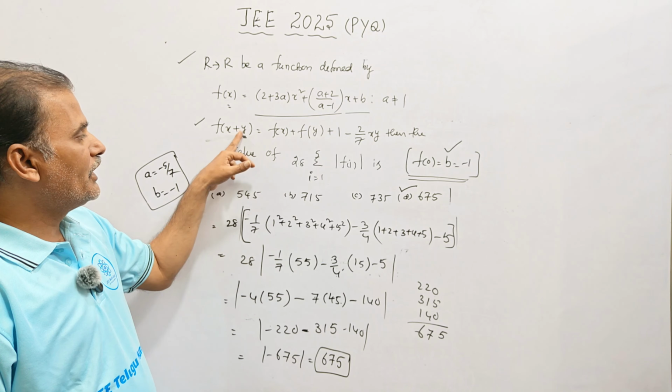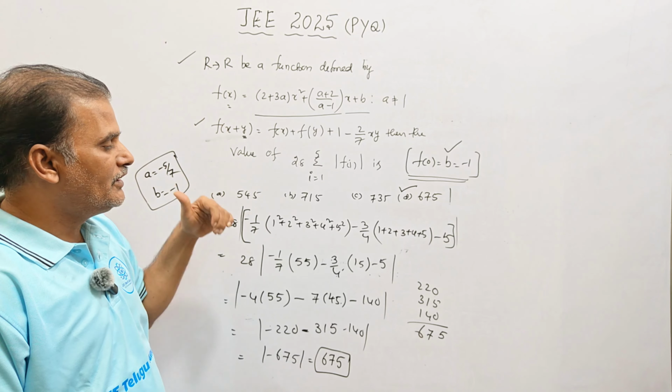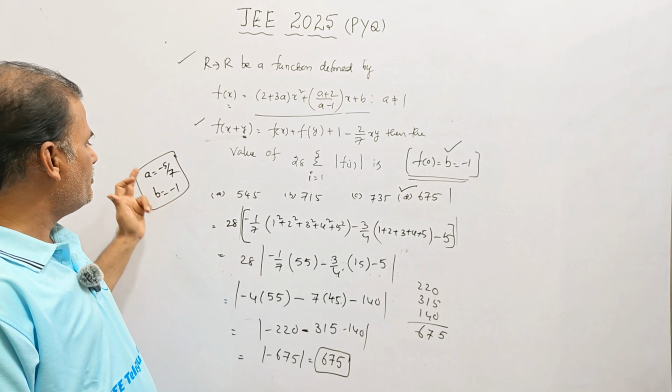After that, if you take y is equal to minus x, then both the equations cancel, and we get the values of a and b.